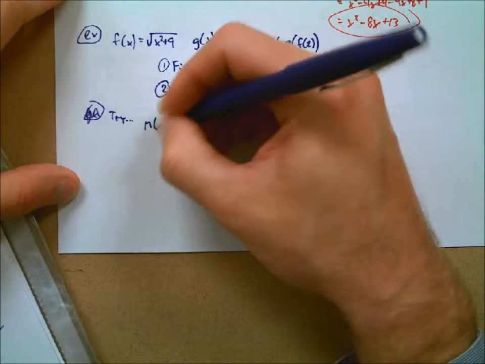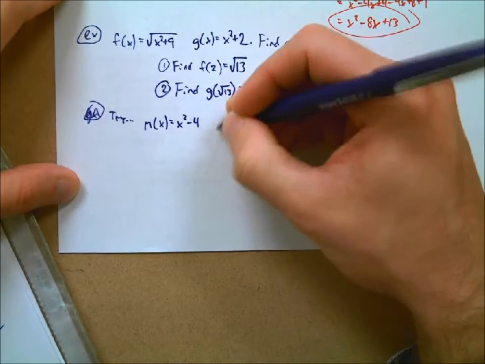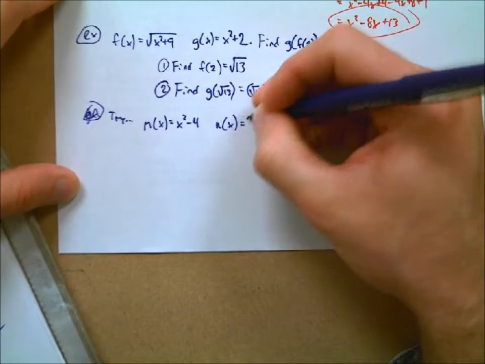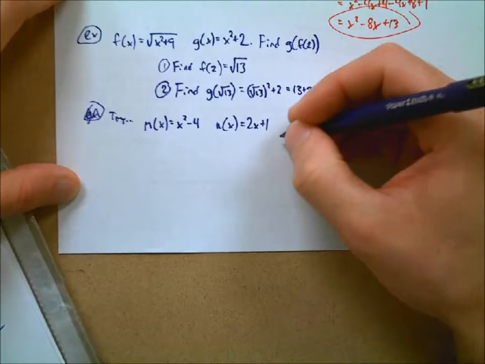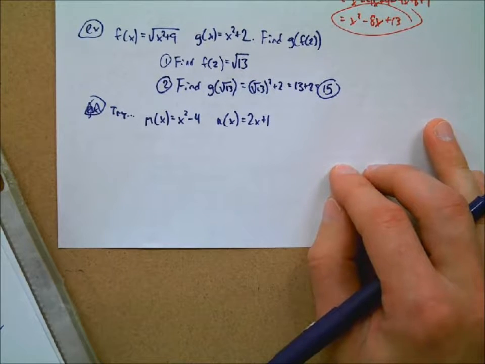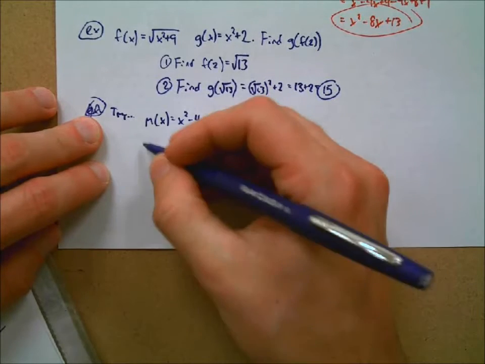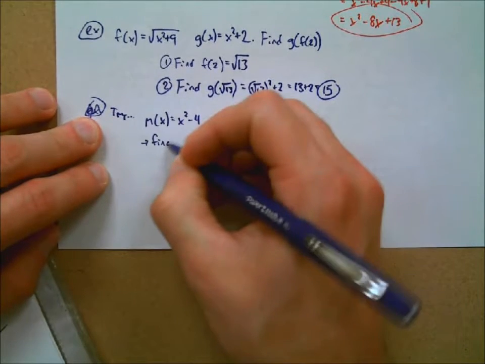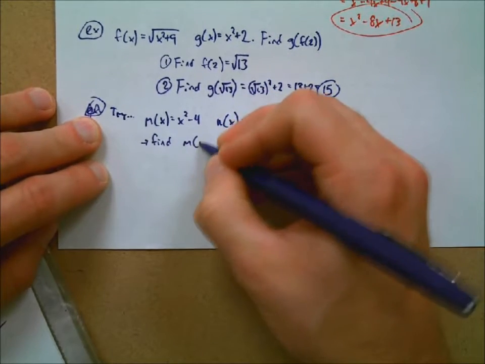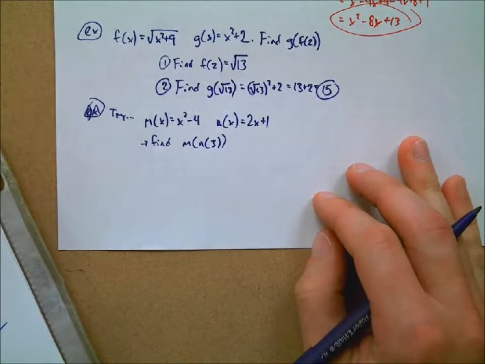All right, this is for y'all to try here. M of x is x squared minus 4. N of x equals 2x plus 1. I want you to find m of n of 3.